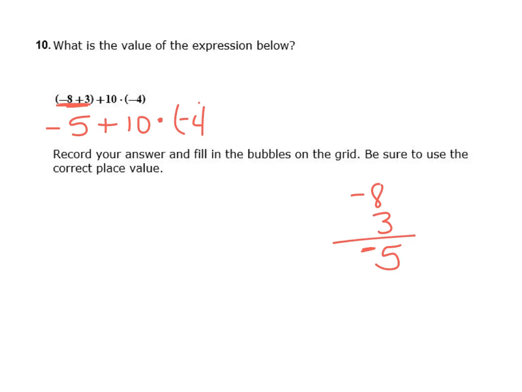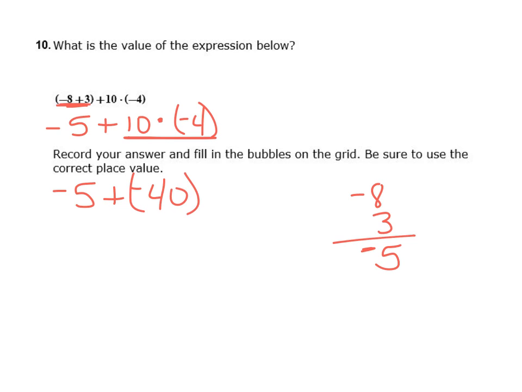Now remember, -4 and 10, that's the next thing because it's multiplication. And remember, when you have different signs in multiplication, it means that your answer is going to be negative. So now we're going to write it as -5 plus 10 times 4 is 40, but it's a -40. And I'm going to put it in parentheses just to keep it apart from the plus sign.